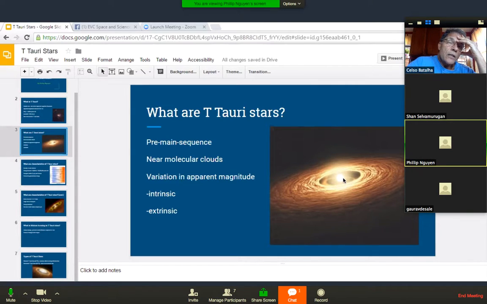There is another source of variability in T-Tauri stars, and that is caused by the disk itself. As you can see in this nice picture, the star itself is kind of blocked from view because you have some fuzzy luminosity coming out of the accretion region.